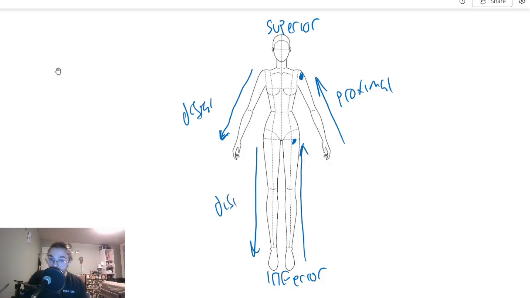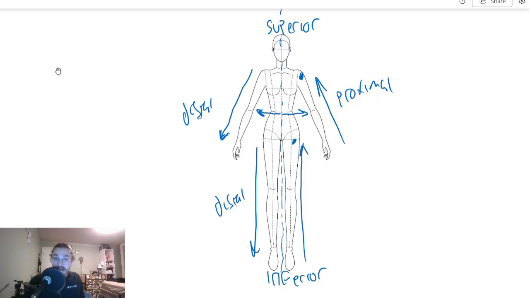Distal. Okay? Awesome. Now let's go ahead and draw that midline again just to separate our body into two halves here. Anything that's going towards the midline is going to be medial. So midline, medial, right? And anything that's going out is going to be lateral, all right?